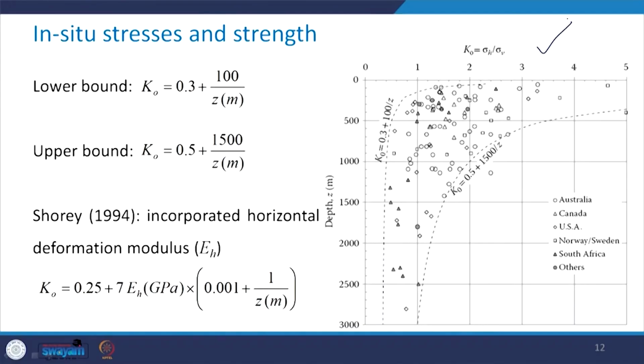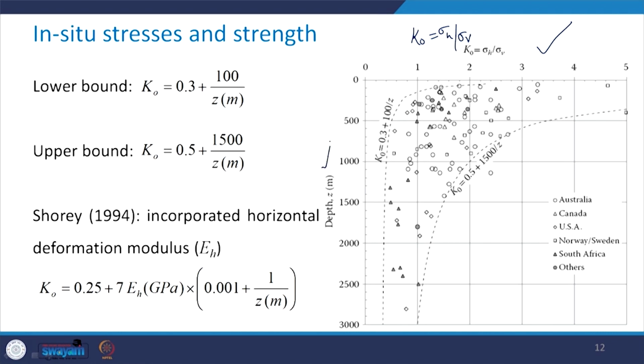In order to get an idea about the in situ stresses, let us take a look at this figure, where data from various countries with respect to K naught, which is sigma H upon sigma V, has been presented along with the depth.